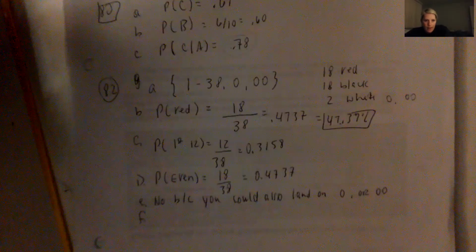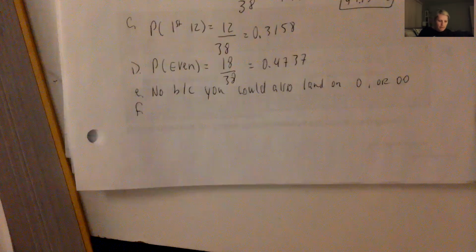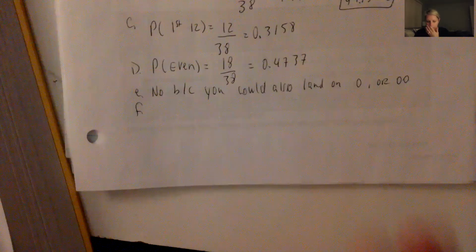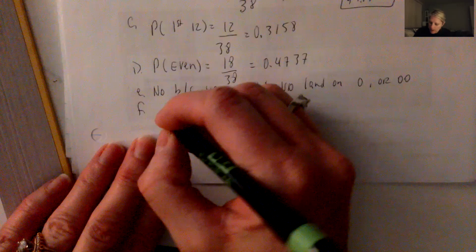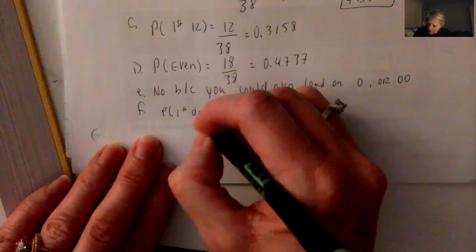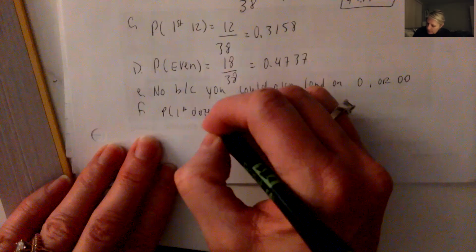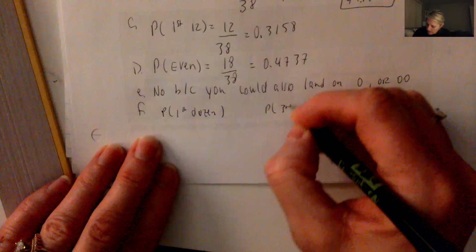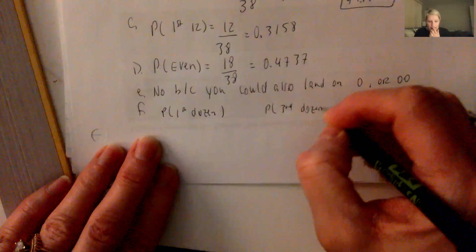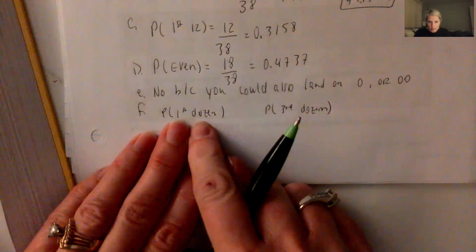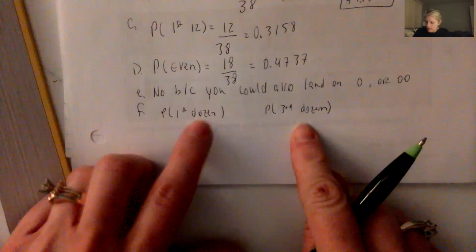And then letter F says find 2 mutually exclusive events. So 2 events that can't happen at the same time. So the probability of the first dozen and the probability of the third dozen. Because I can't land in the first dozen, like the number 7, and then still be in the third dozen. They're mutually exclusive.